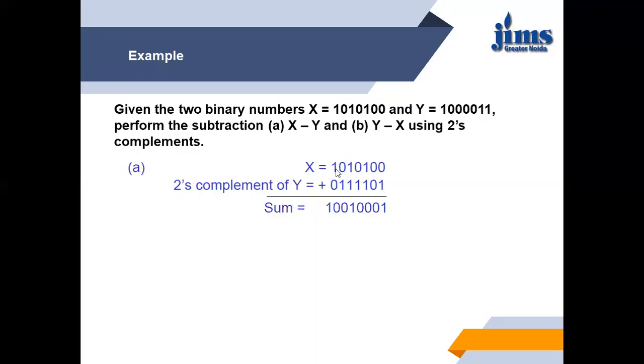Then 1 plus 1 is 2, which is 1 0. So 0 and 1. The resultant sum has 1, 2, 3, 4, 5, 6, 7, 8 bits. Yes, there are 8 bits. That means there is a carry. Now what we do is discard the carry. Here is your carry, discard it, and the resultant X minus Y will be 0 0 1 0 0 0 1.